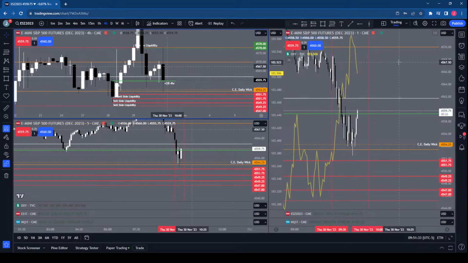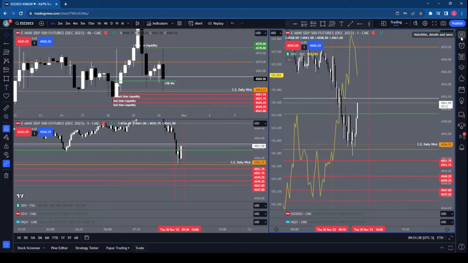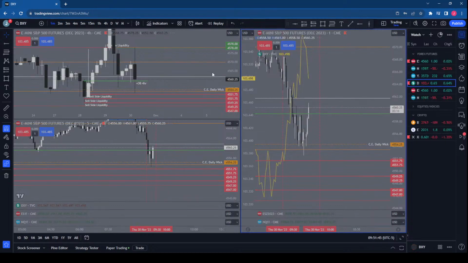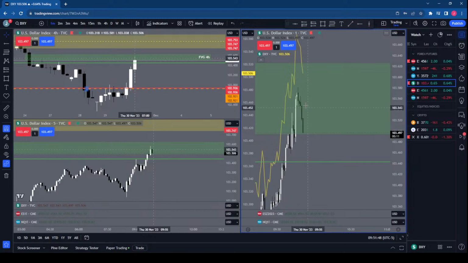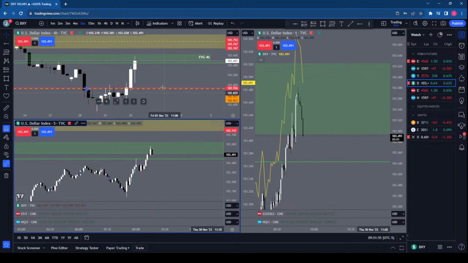Dollar dropping. Looks like these 5-minute bodies are being held off by consequent encroachment, it's 4-hour.